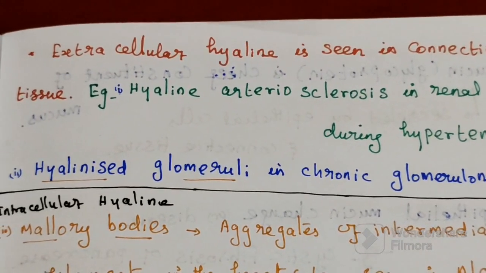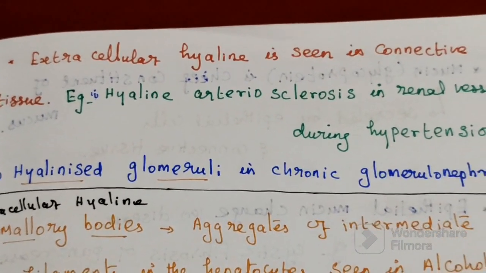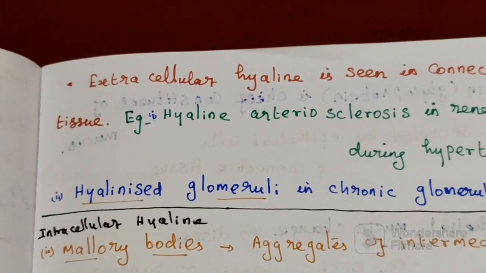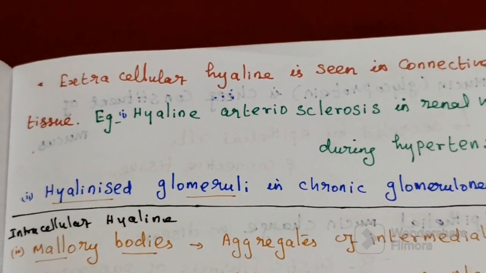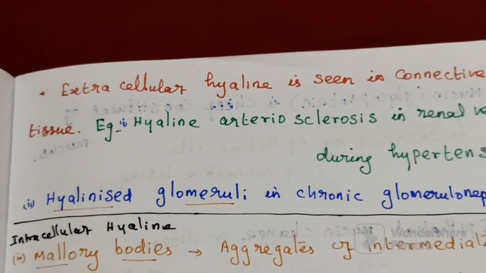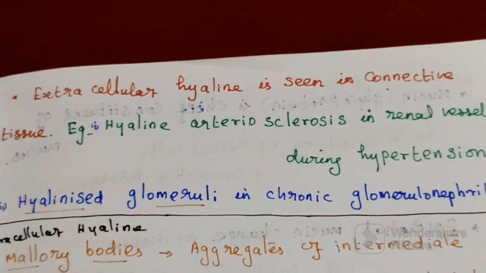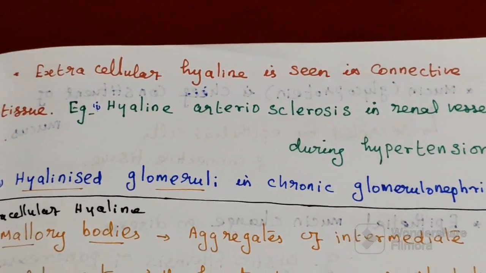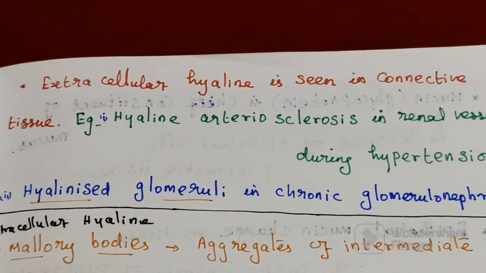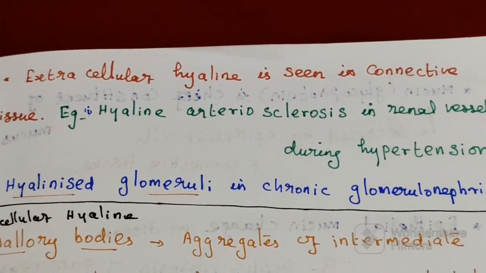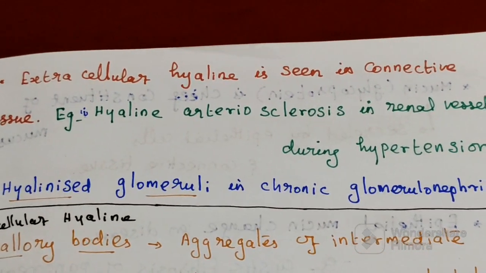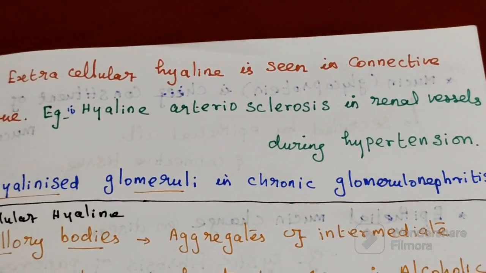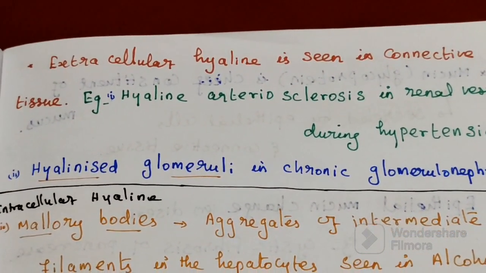Extracellular hyaline is seen in connective tissue. Example: hyaline arteriosclerosis in renal vessels during hypertension.